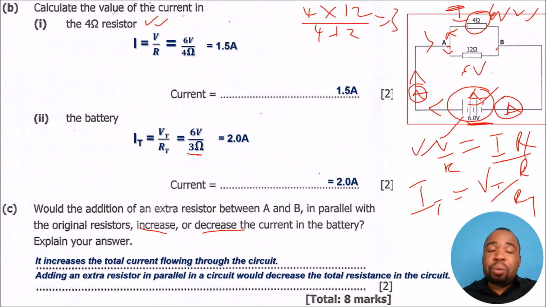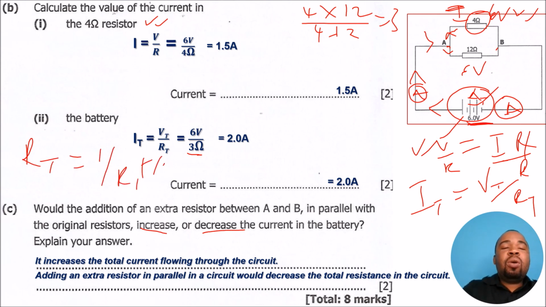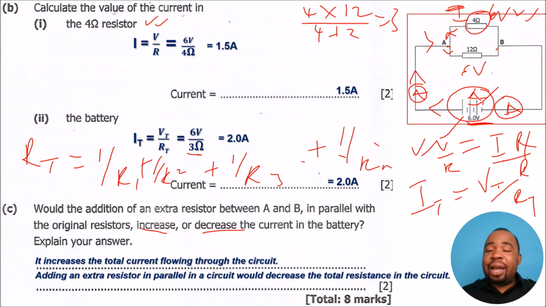Why is it so? When you add a resistor, you reduce the effective resistance, because we know that in a parallel system, 1 over RT is 1 over R1 plus 1 over R2 plus 1 over R3 and so on. So we are adding reciprocals. Adding another resistor adds another reciprocal, 1 over Rn, which reduces the effective resistance.